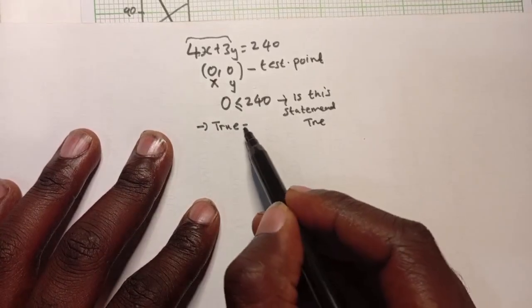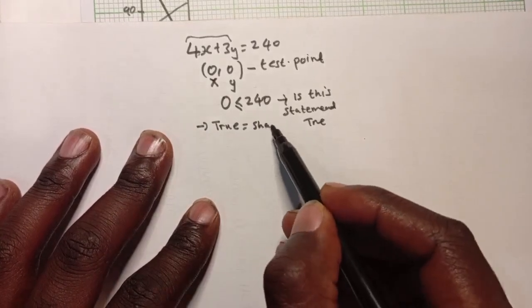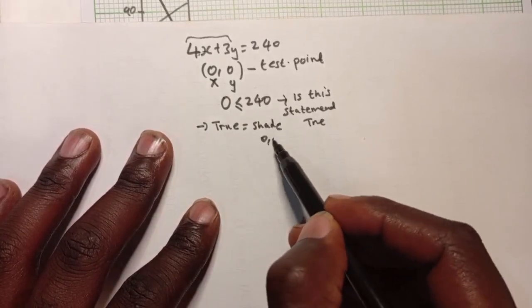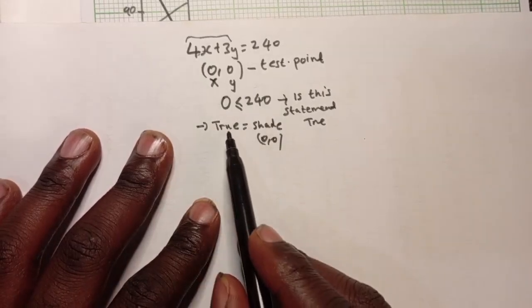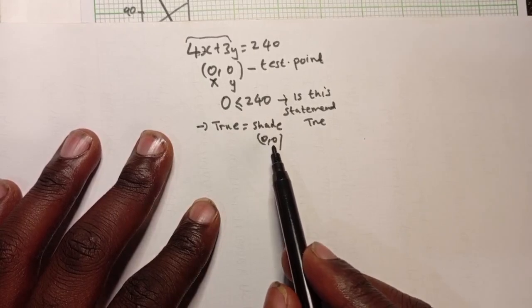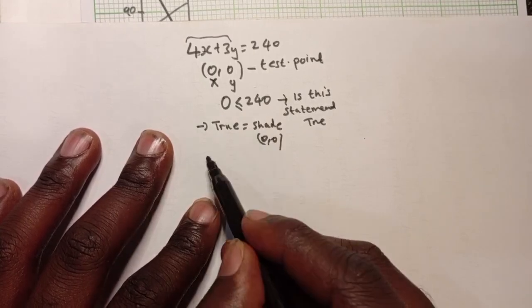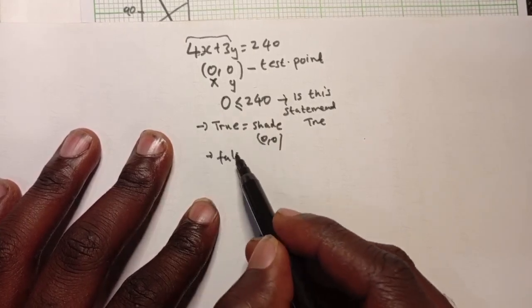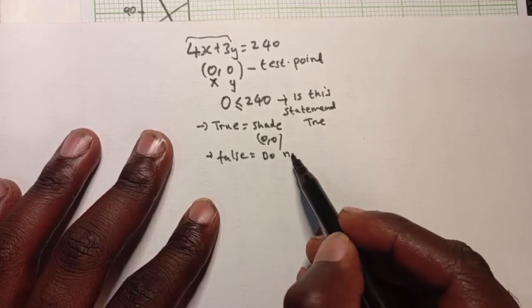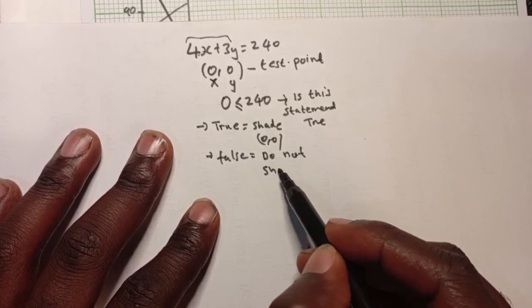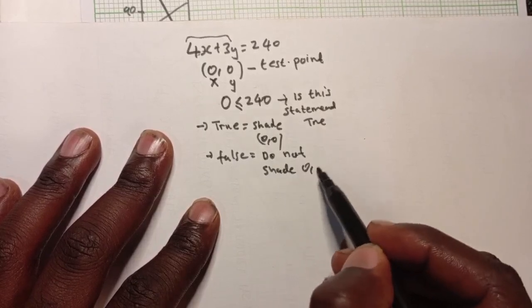True means shade 0, 0. So if the statement is true, true means shade 0, 0. But false means do not shade 0, 0.